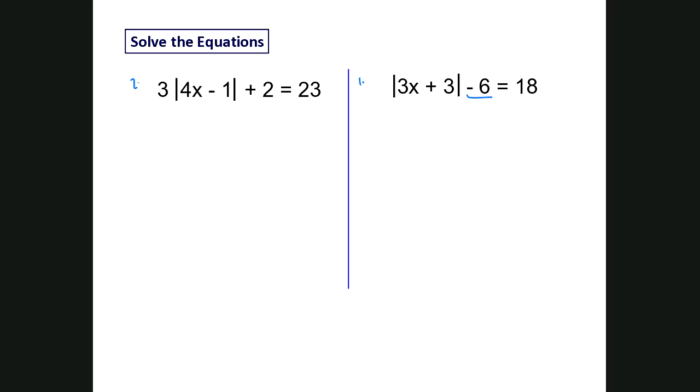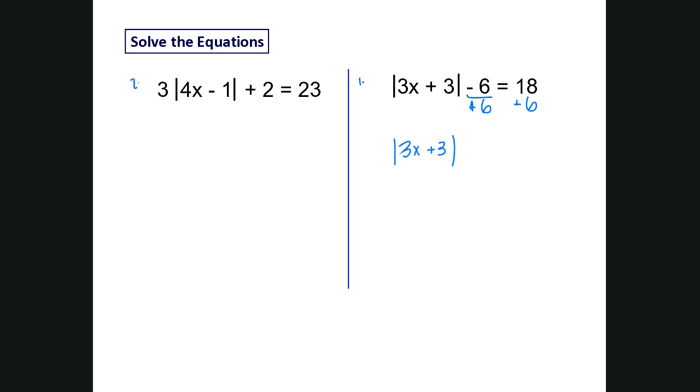How do I get rid of the minus 6, everybody? Thank you. Add 6. Good. I will add 6 on both sides. So my absolute value stays the same, 3x plus 3.